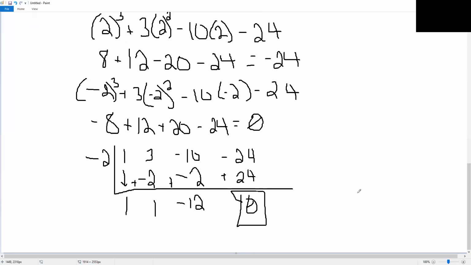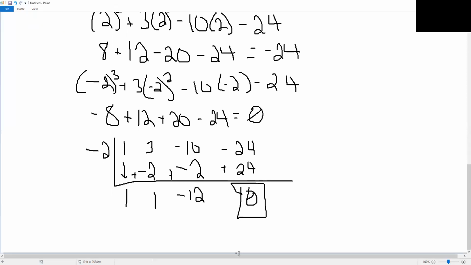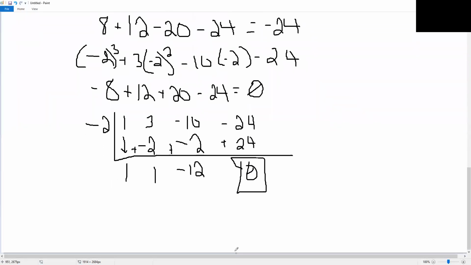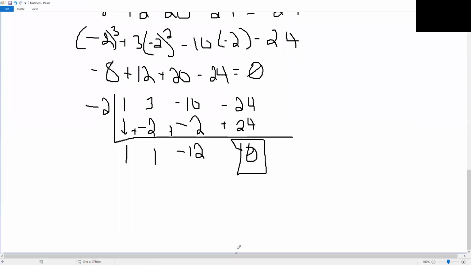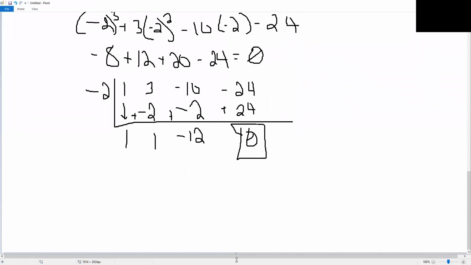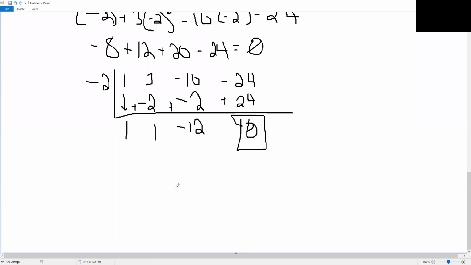Okay. So now we can rewrite this. We had it as x minus 1. So let's write our x minus 1.